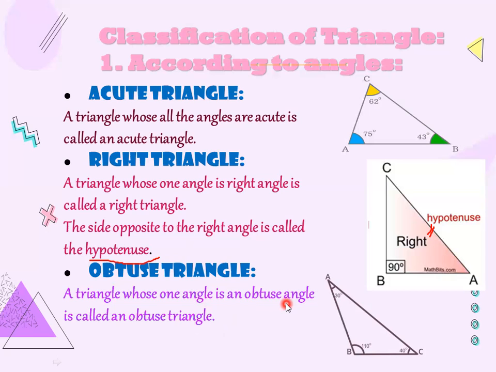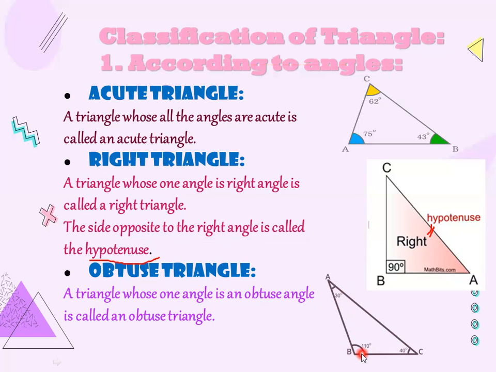As you can see here in this triangle ABC, the measurement of angle C is 40 degrees, which is an acute angle, and the measurement of angle A is 30 degrees, again an acute angle. But the measurement of angle B is 110 degrees, meaning greater than 90 degrees and less than 180 degrees.